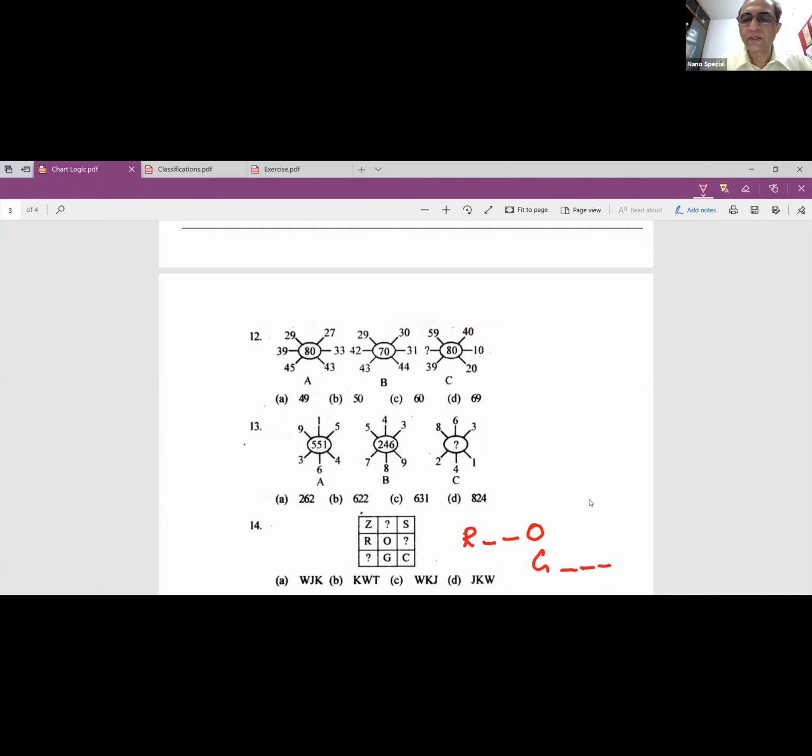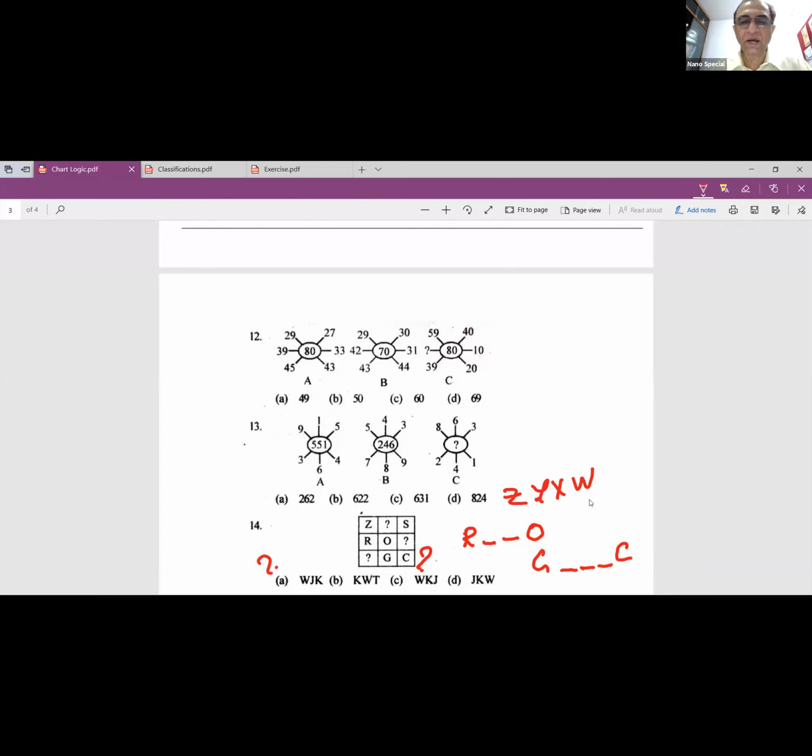So going by this logic, Z should have 2 gaps, Y, X. So you have Z, Y, X, and the next one is W. So the first one is W. Therefore, it could be either A or C, one of these.